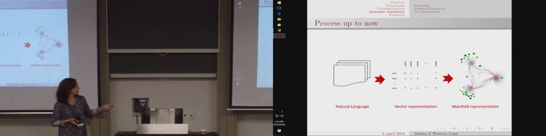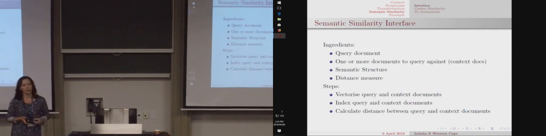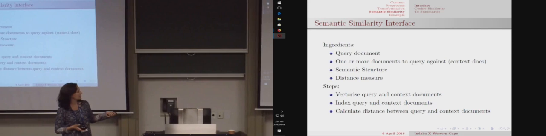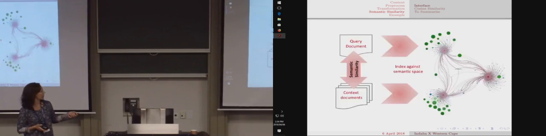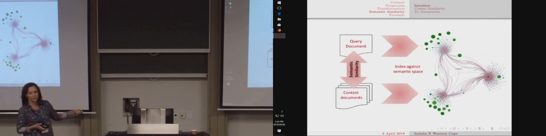And then you need to index your query and your context documents. And then finally you calculate the distance between the query and the context documents. So there's your query document and there's your context document. Now, documents.